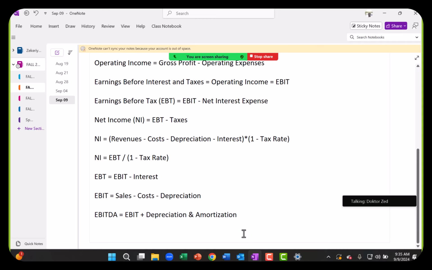Remember, depreciation and amortization are non-cash expenses. So EBITDA kind of gives me a little bit cleaner picture.